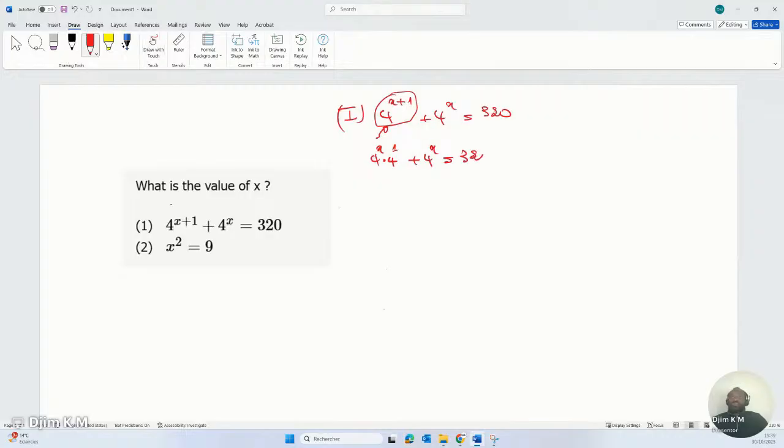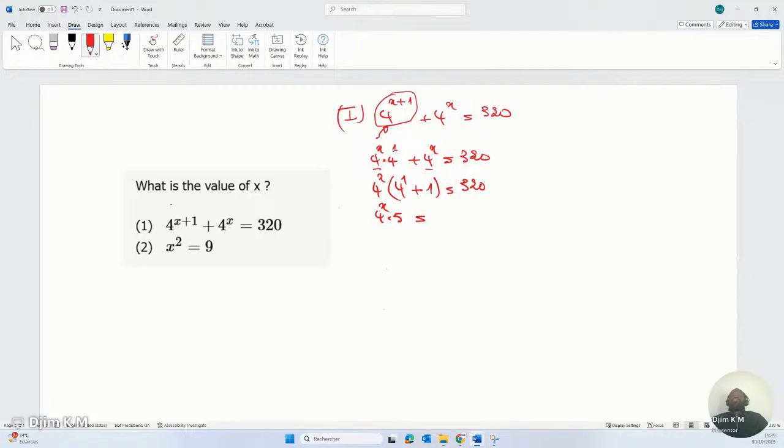This is 320. We can factor this. 4 to the power x is going to be 4 plus 1, which is equal to this. So this can be written as 4 to the power x multiplied by 5.